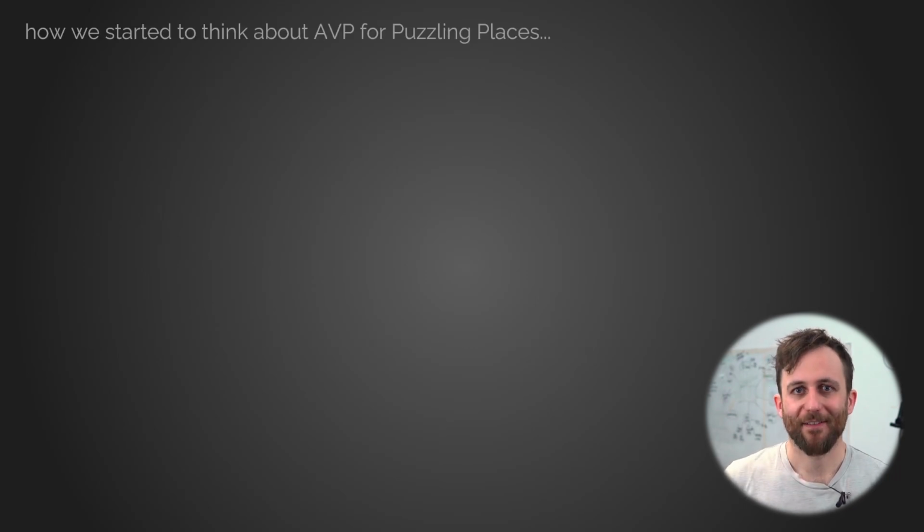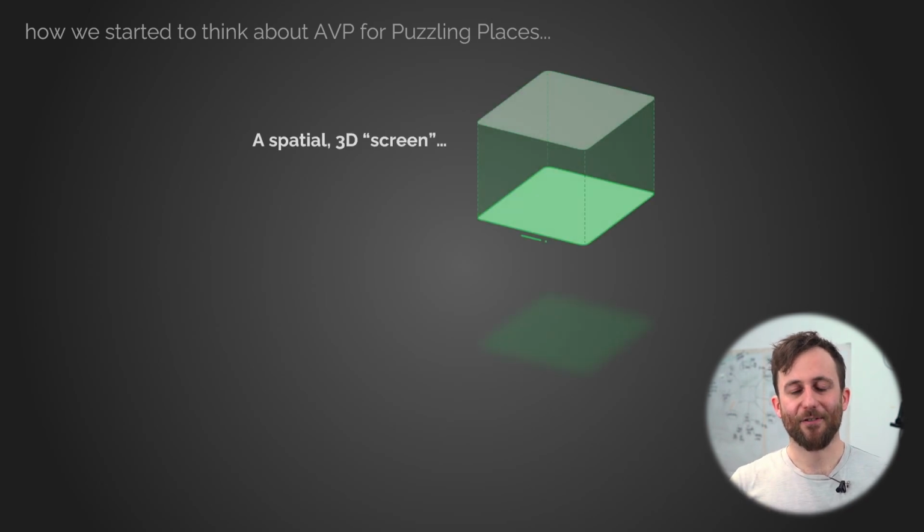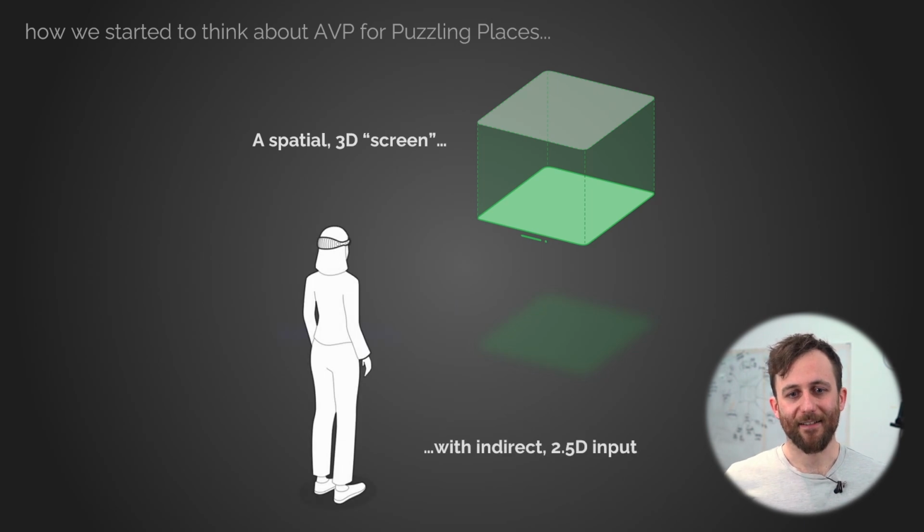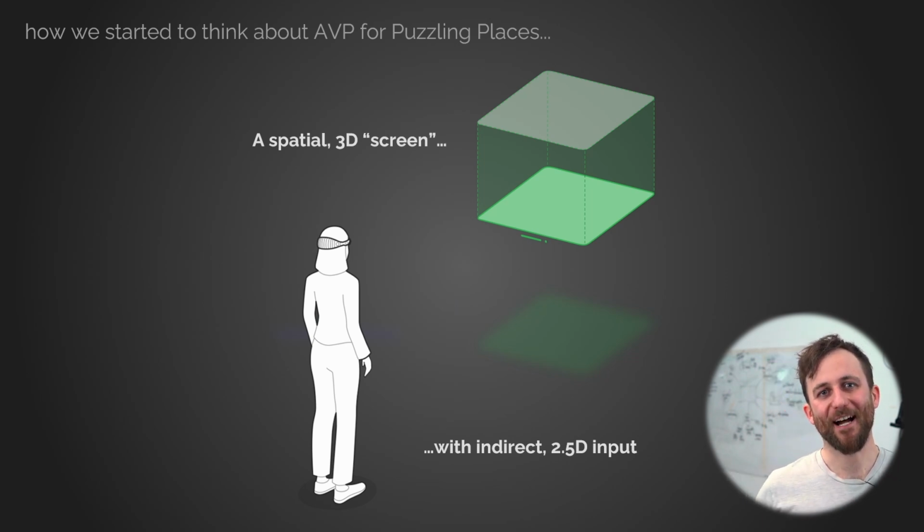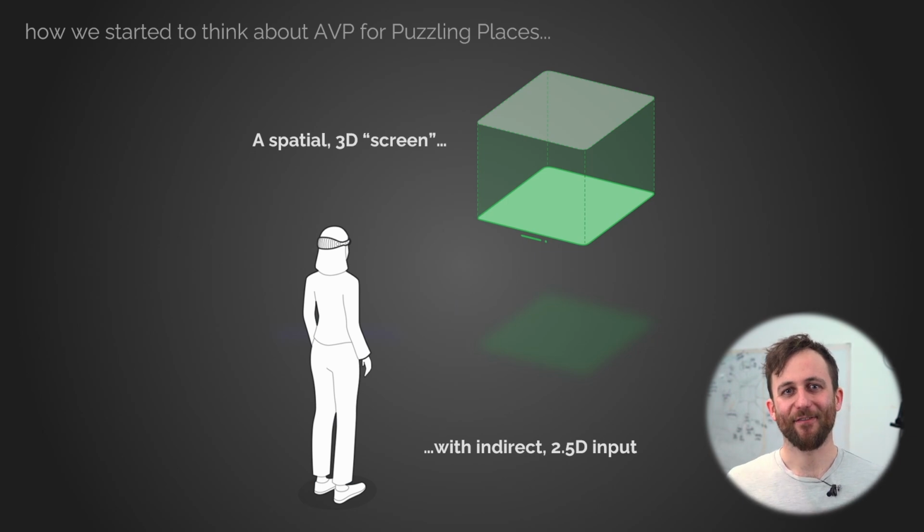During our development for Apple Vision Pro, we started to think about the Apple Vision Pro in the context of Puzzling Places as this spatial 3D screen that is floating in front of you, and you standing in front of it, having this 2.5D input. So you have 3D input, but it's a little bit more simplified, and also you're almost spoiled by how easy it is to interact with the OS.